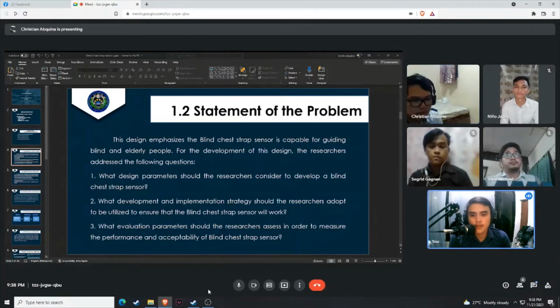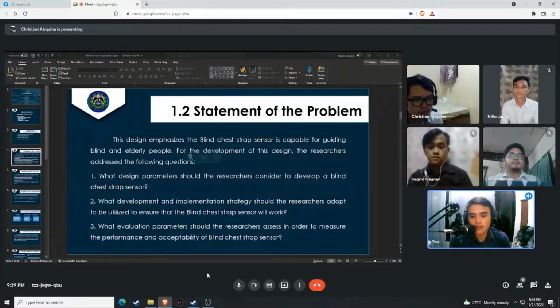For the statement of the problem, this design emphasizes the blind chest strap sensor is capable of guiding blind and elderly people. For the development of this design, the researchers addressed the following questions. First is, what design parameters should the researchers consider to develop a blind chest strap sensor?